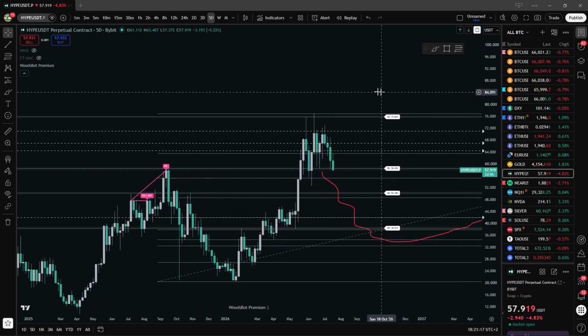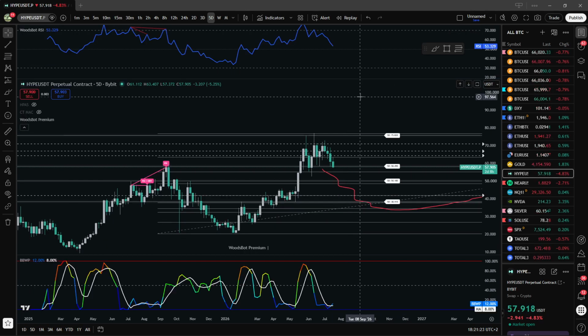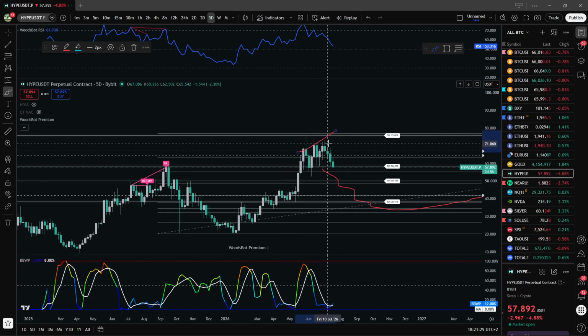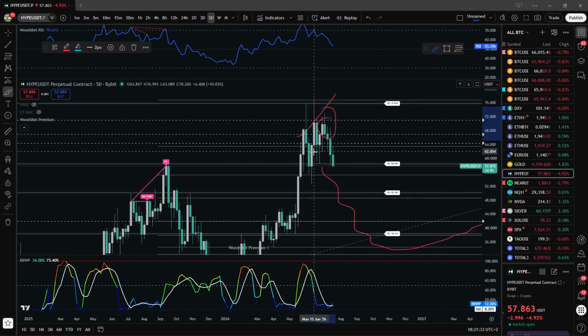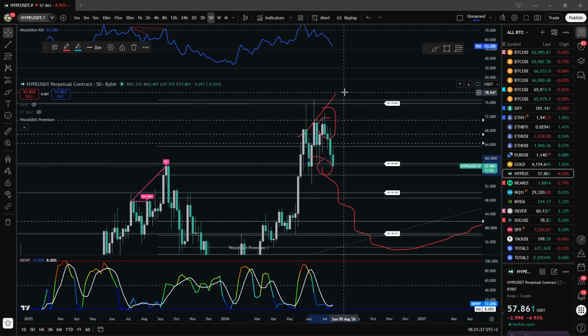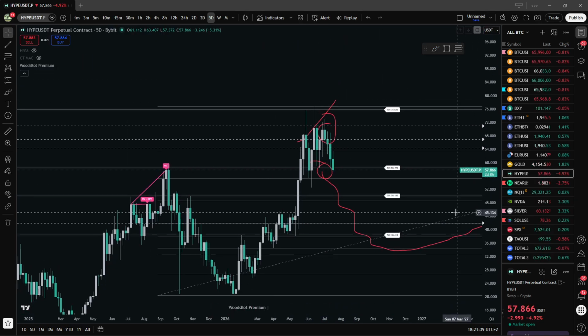If you look at the 5-day chart, this is also looking mega ugly. This is not strong price action, right? You had bearish divergence on the 5-day chart, then price action made a lower high, and now it's potentially looking to close the 5-day under this wick right here, which would confirm continuation to the downside.